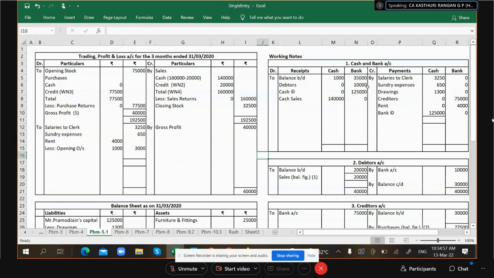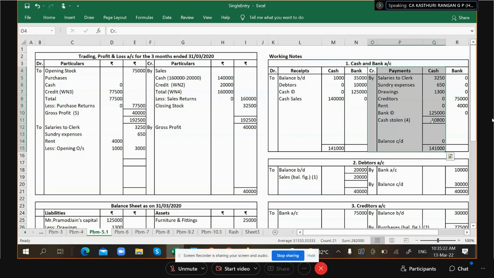How much money has he stolen? Very simple. If you find the total of the cash column, you will get the balance as 10,800. That is the actual cash balance as on 31/3/20.